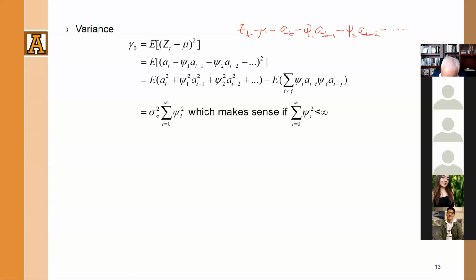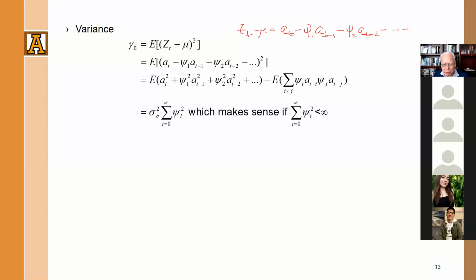Look at each of these terms here. We know that the sum of the absolute values of the psi's converges, so the sum of psi squares will also converge, because that means the absolute value of psi_i for any i is less than 1, and when we square it, psi_i squared will also be less than 1.